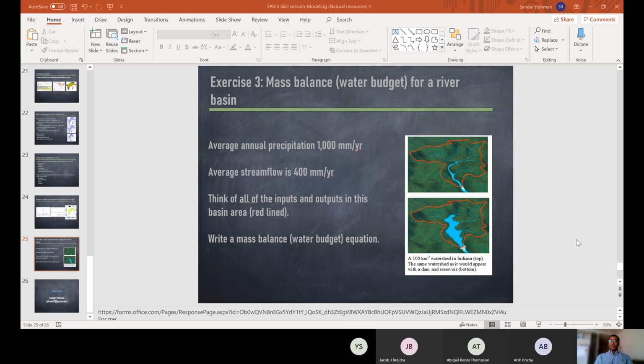One clue: precipitation would still be the same on average, right? Then think about some of the parameters or variables that can increase or decrease due to the construction of this dam. And what about the overall storage? Think about this and write down your answer pretty quickly. I know I'm running out of time.